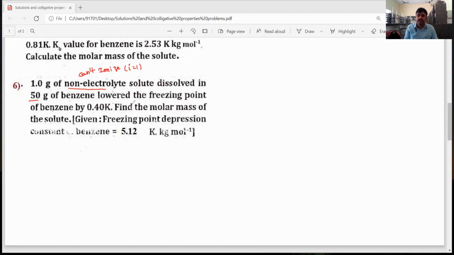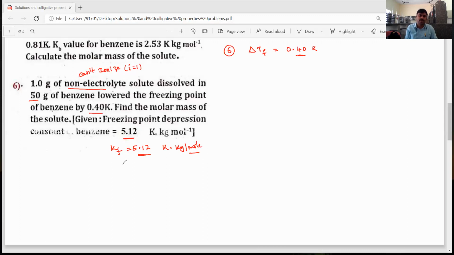of freezing point, delta TF, they gave directly. How much is the freezing point decreased? The depression of freezing point is 0.40 kelvins. Now find the molar mass of the solute. Kf value for benzene is 5.12 Kelvin kg per mole, which they gave.